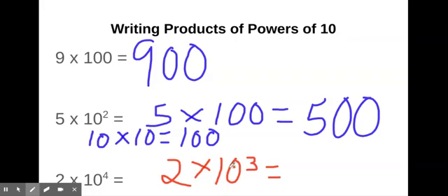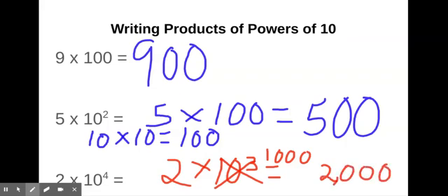Well, we know that 10 to the third power, we learned last time that 3 tells us it's going to have 3 zeros. So we know that 10 to the third power is the same as 1,000. 2 times 1,000 is 2,000. These are the kinds of problems you'll see in your math work today.